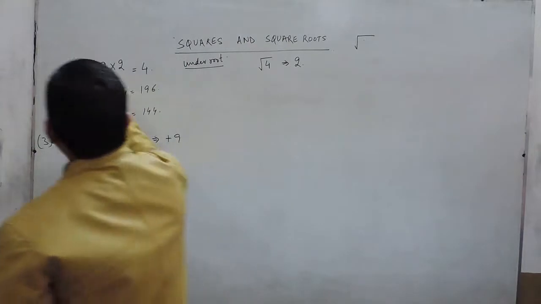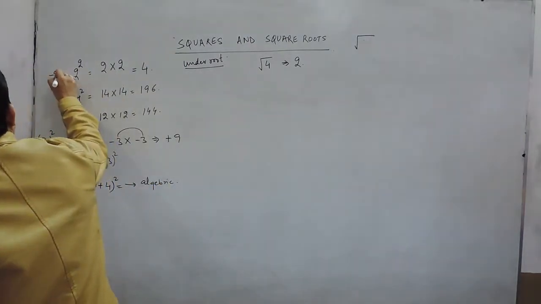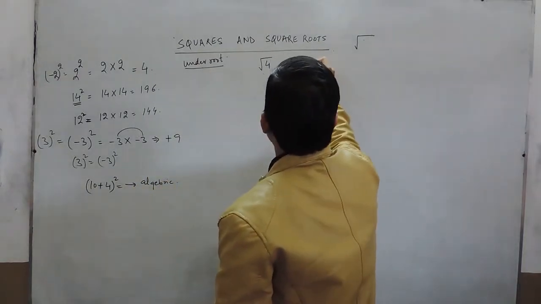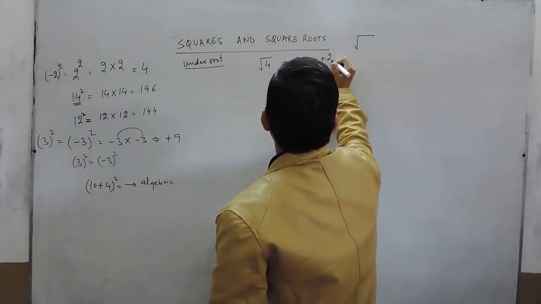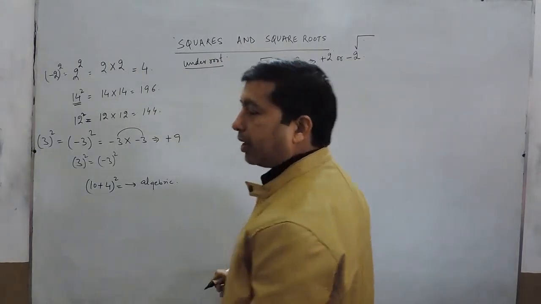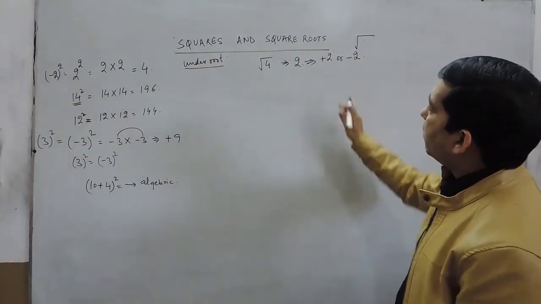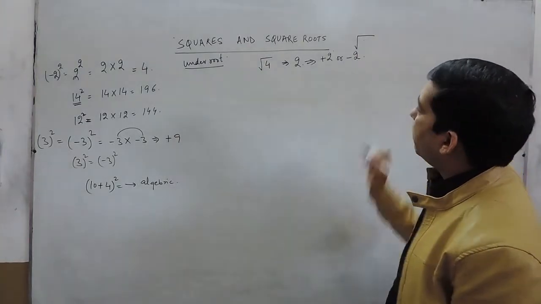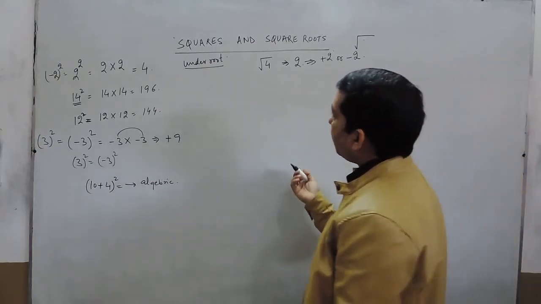But because we know that 2 square is 4 as well as minus 2 square is also 4, the under root of 4 cannot be only positive. It is plus 2 or it can be written as negative 2. In the lower classes, we only study plus 2, but in the higher classes, we also study a term like minus 2.